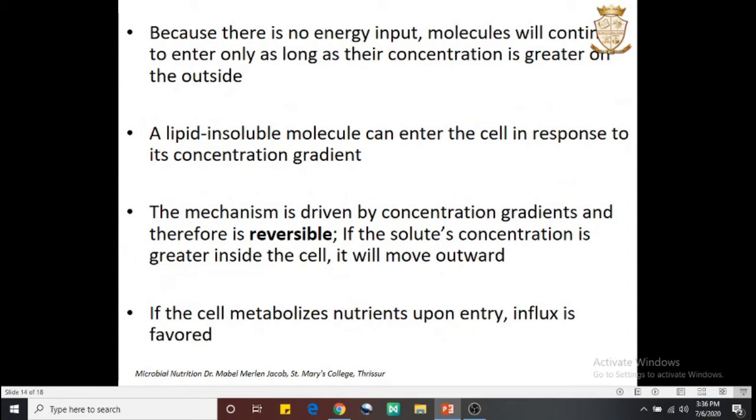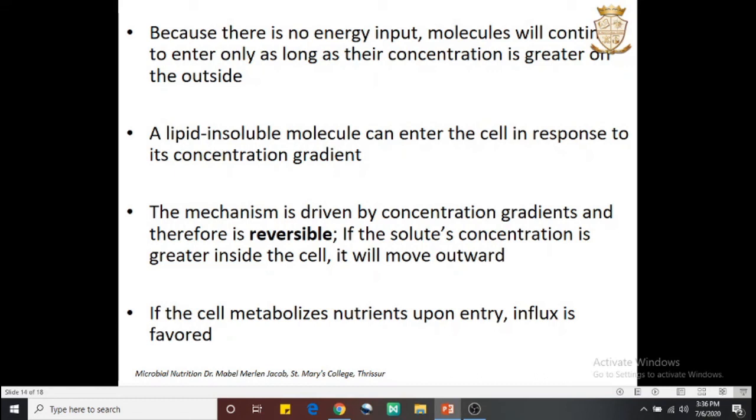Because there is no energy input, molecules will continue to get transported only as long as their concentration is greater on the outside. Thus, a lipid insoluble molecule can enter the cell in response to its concentration gradient through the carrier. Though it cannot enter through the membrane, it can enter through the carrier.